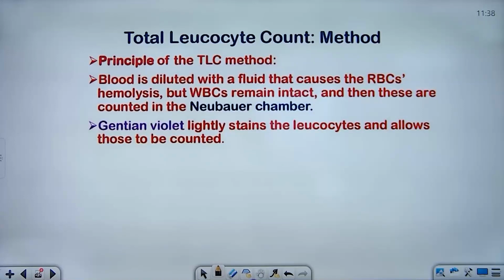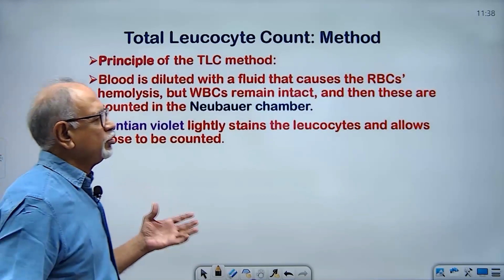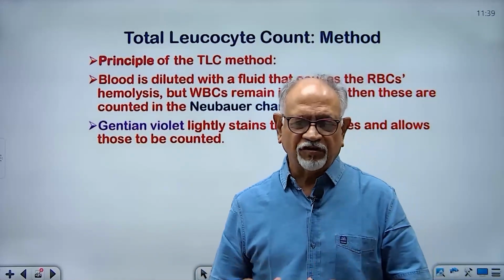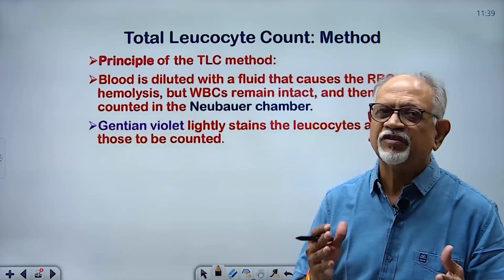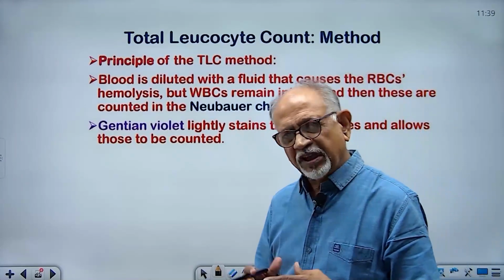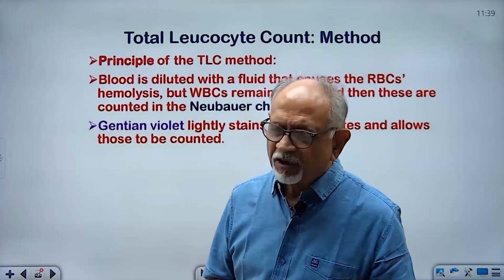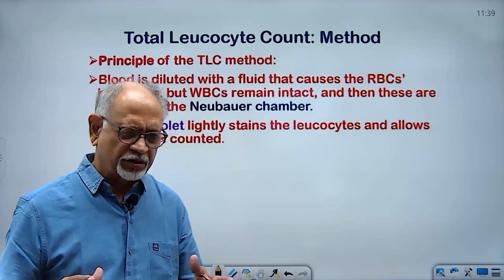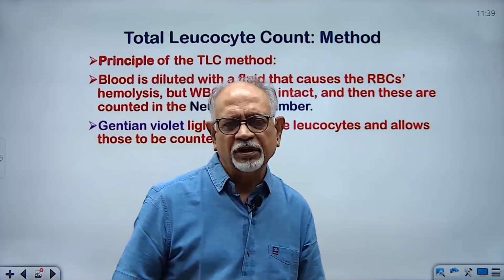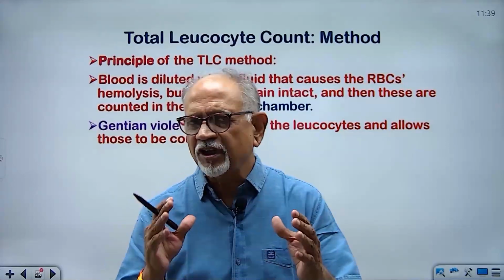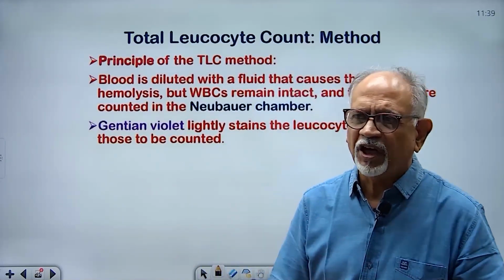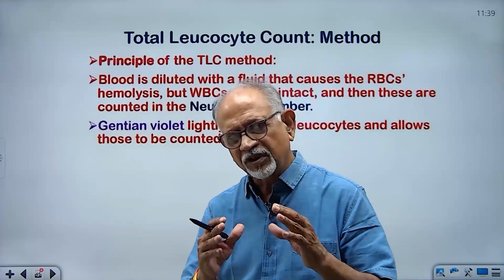Now, coming on to the method of total leukocyte count. As we have seen in the case of RBC count, the same instrument is used here also. It is called a hemocytometer. In fact, this hemocytometer is used for counting the total number of RBC and for counting the total number of WBC.